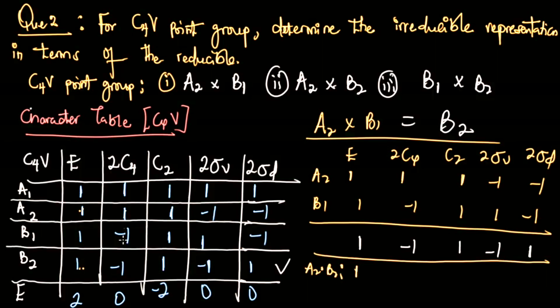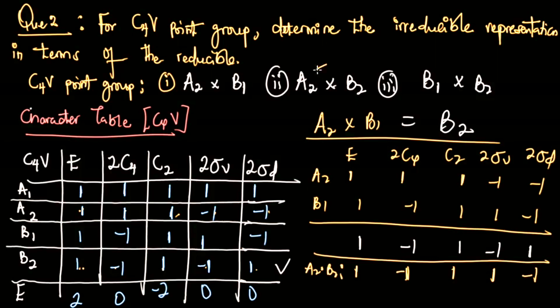This one times this one we have minus 1. This one times this one we have 1, and this one times this one we have 1, and this one times this one we have minus 1. So basically you have 1 minus 1 1 1 minus 1.